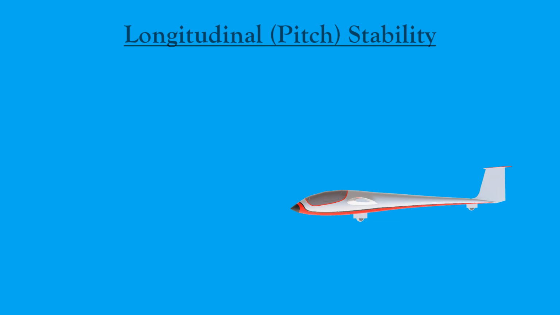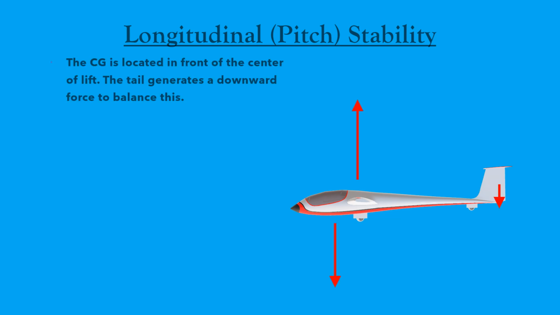Now let's consider pitch stability, which you may hear referred to as longitudinal stability. Let's look at the forces that act on the glider in steady state flight. The center of gravity is located a little bit in front of the center of lift.